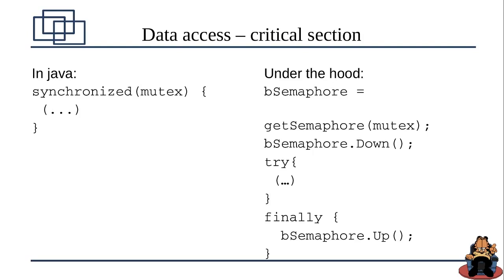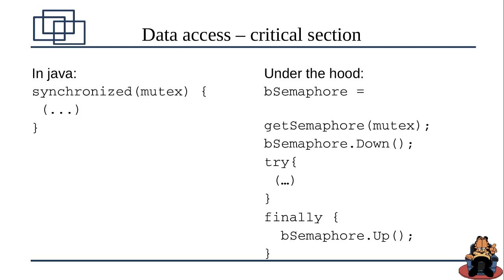Asked. Basically, a lock or synchronized in Java is a critical section. When you want to restrict access to a piece of code to only one thread, you can use critical sections.